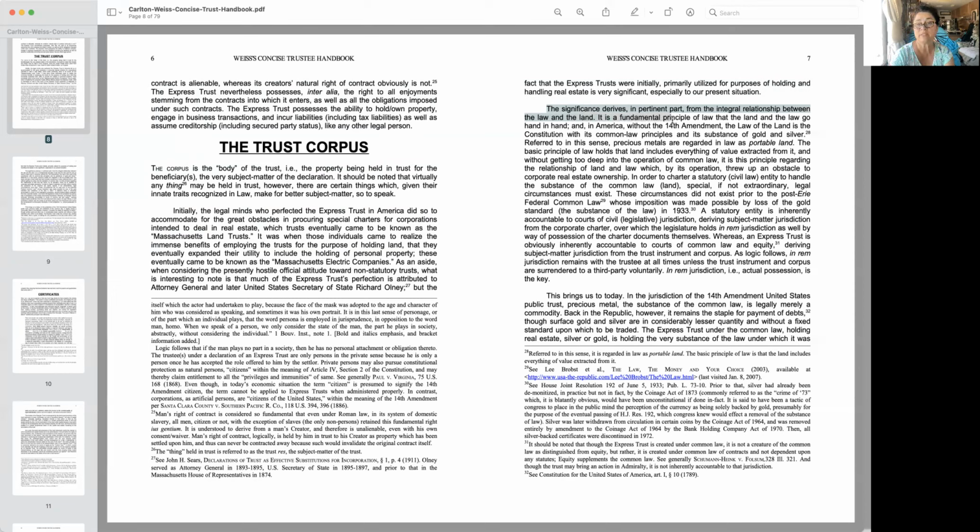It is a fundamental principle of law that the land and the law go hand in hand. And in America, without the 14th Amendment, the law of the land is the Constitution with its common law principles and its substance of gold and silver. Referred to in this sense, precious metals are regarded in law as portable land.